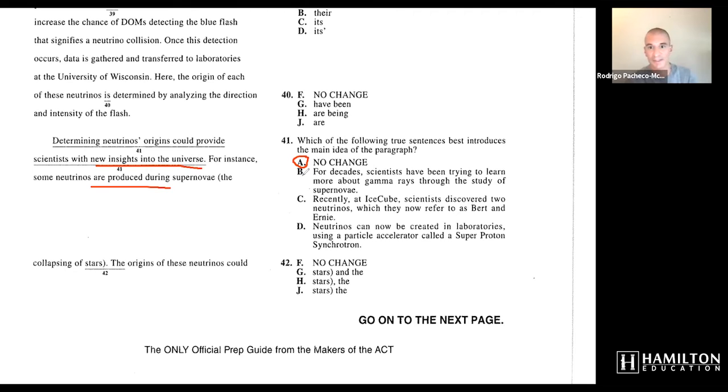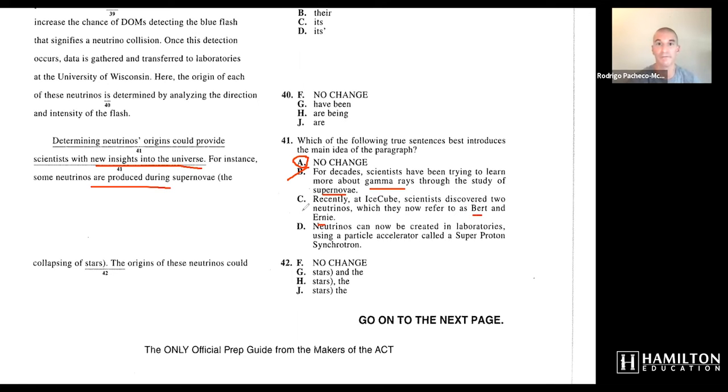B tells us, for decades, scientists have been trying to learn more about gamma rays. It's not really mentioned here. The focus isn't so much the study of supernovae, but studying neutrinos to learn about supernovae. So we can eliminate B. C, recently at IceCube, scientists discovered two neutrinos, which they now refer to as Bert and Ernie. Very random answer choice here, but we don't see any further discussion of this in the paragraph.